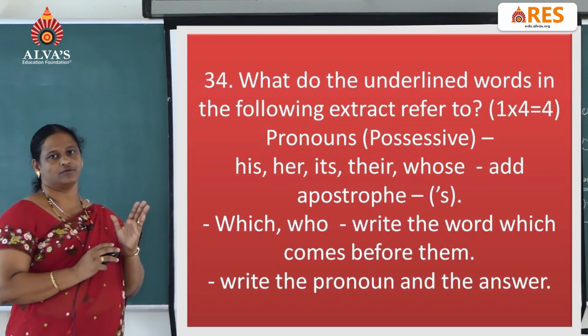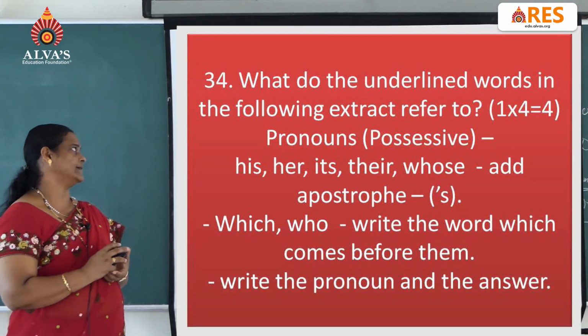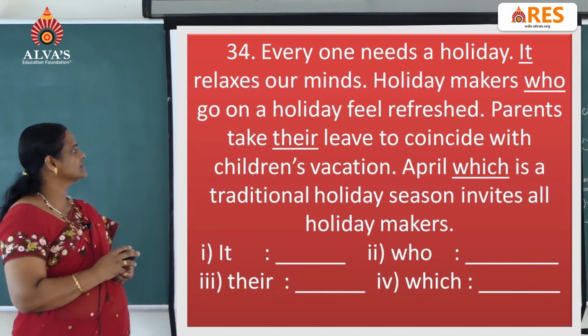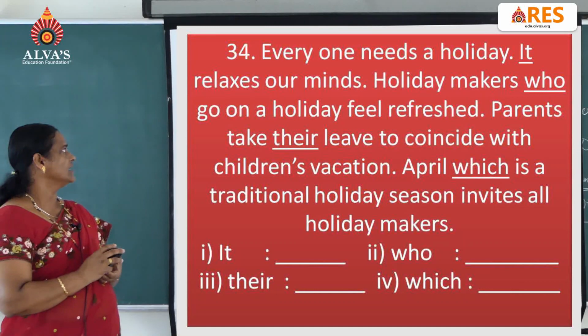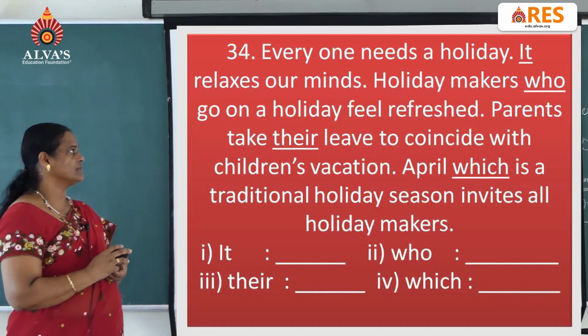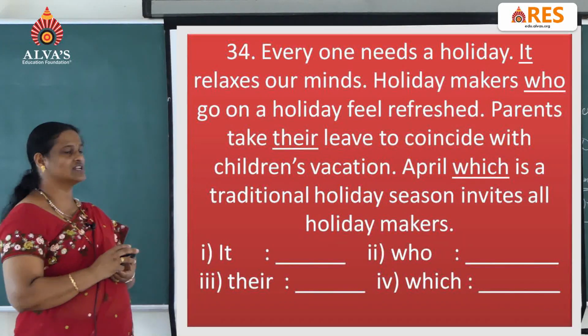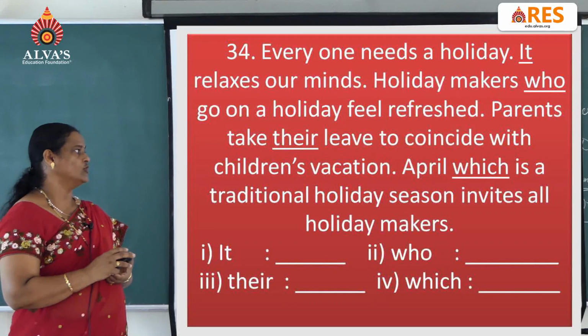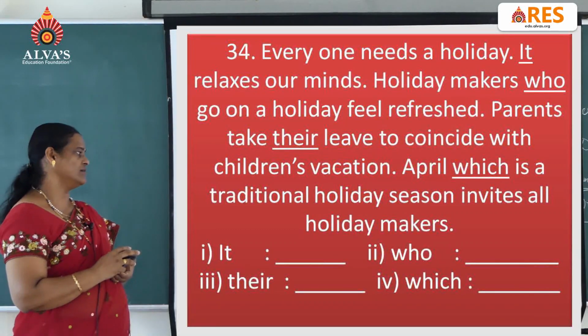While writing the pronoun answer, you have to write the pronoun on one side and the answer on the other side. Now this is the passage given. Everyone needs a holiday. It relaxes our minds. Holiday makers who go on a holiday feel refreshed. Parents take their leave to coincide with the children's vacation. April, which is a traditional holiday season, invites all holiday makers.